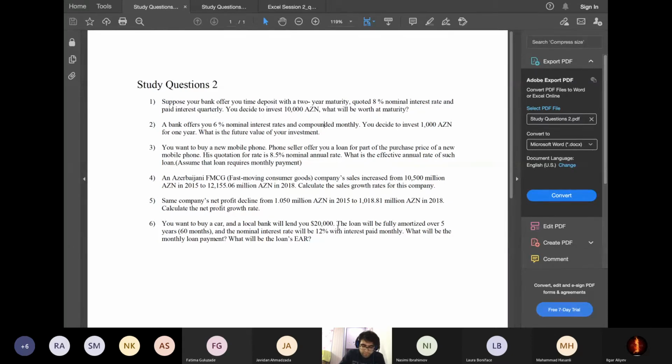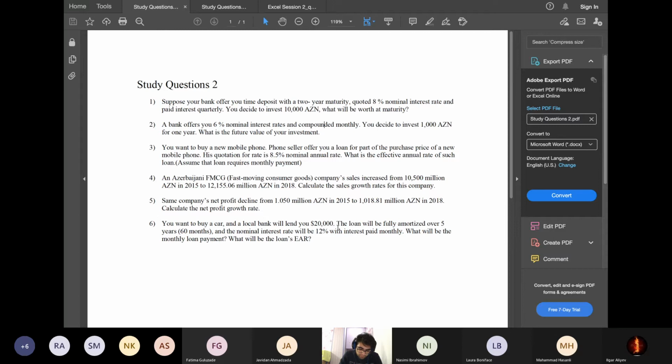Number of years, 5 years, but it's paid monthly because it is a loan, so 60 months. And the nominal interest rate is 12%, but it is paid monthly, so divided by 12, 1% per month. What will be the monthly loan payment?